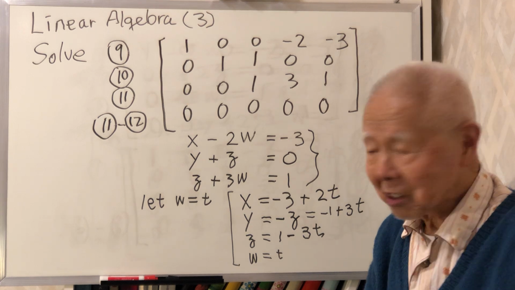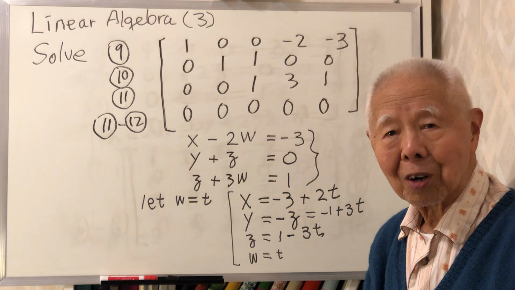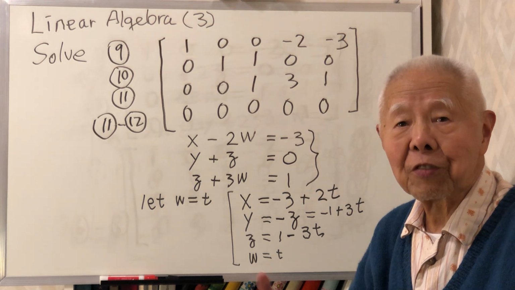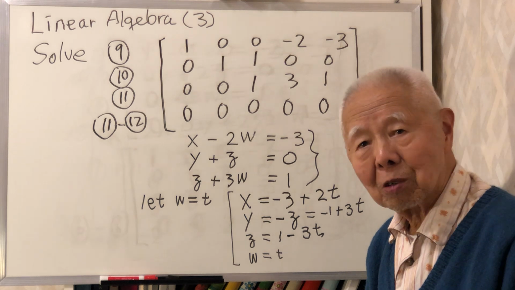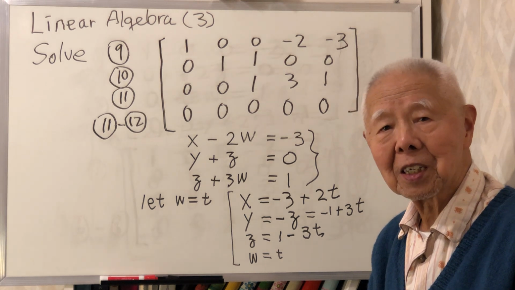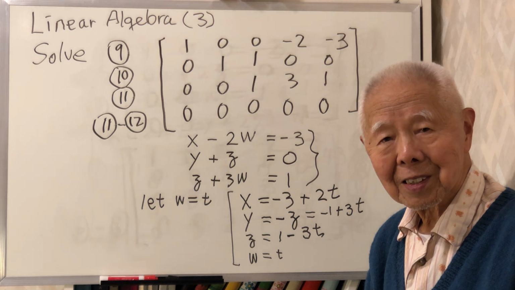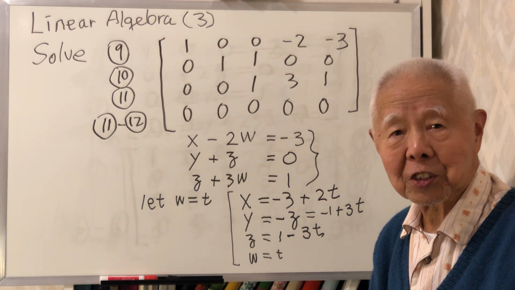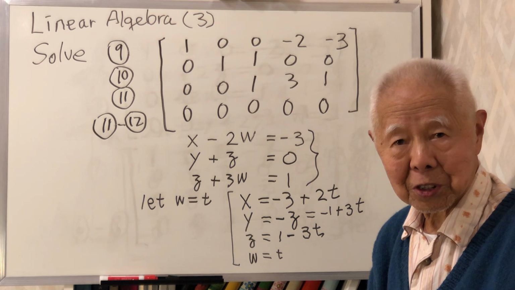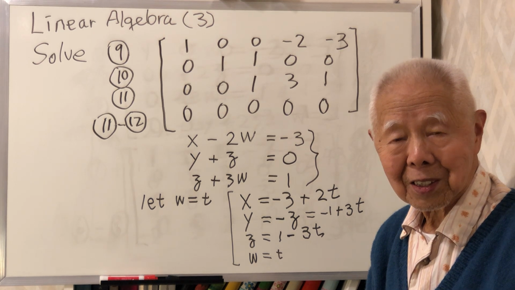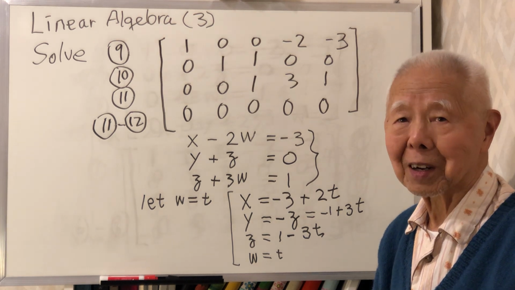If I do that, x, y, z all become a different set of values. So, how many answers do I have? I have infinitely many answers. Do you get it? Okay.